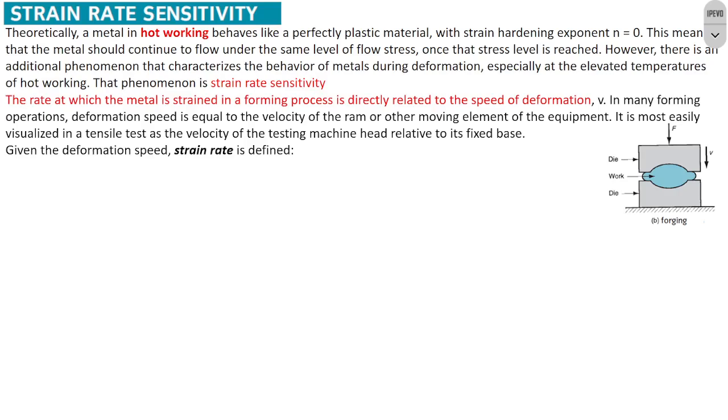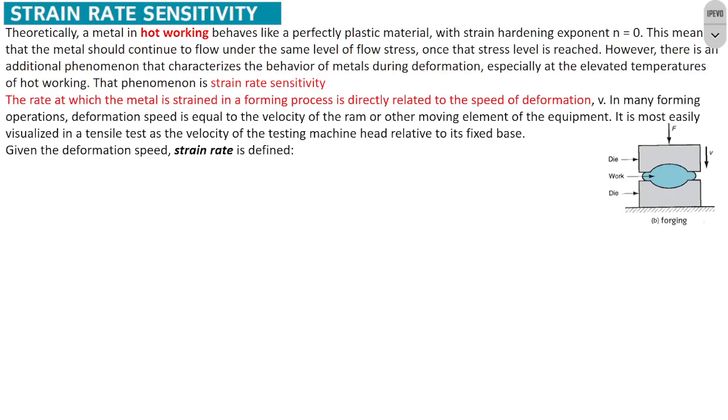Once that stress level is reached, however, there is an additional phenomenon that characterizes the behavior of metals during deformation, especially at the elevated temperatures of hot working. That phenomenon is called strain rate sensitivity. The rate at which the metal is strained in a forming process is directly related to the speed of deformation.